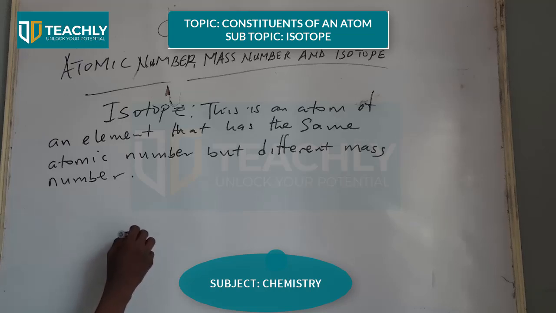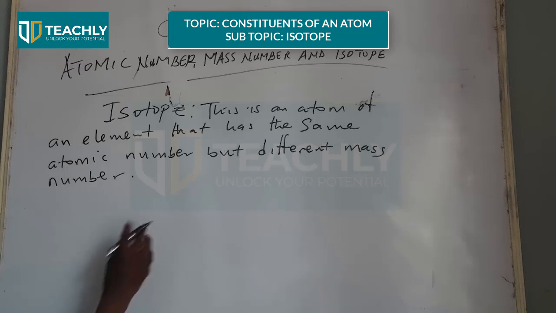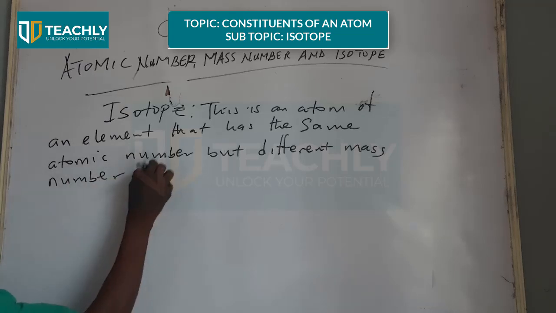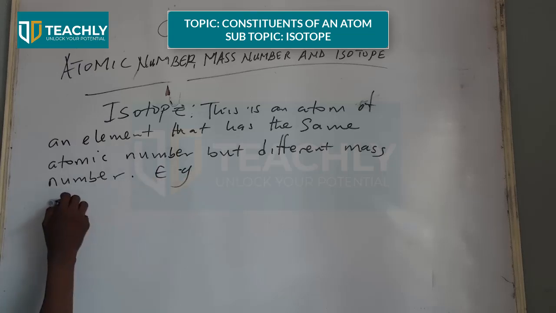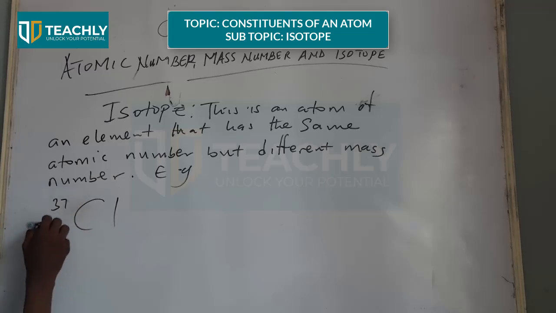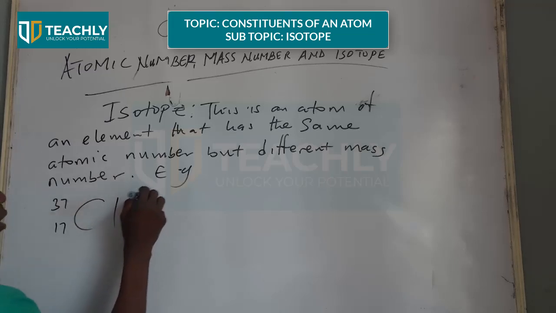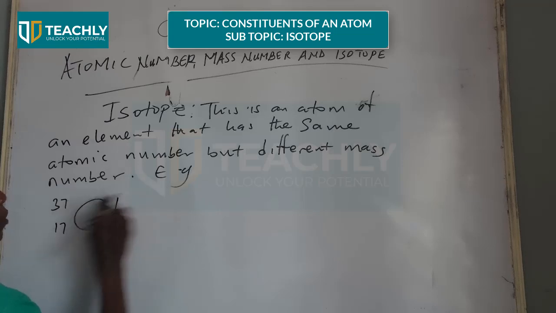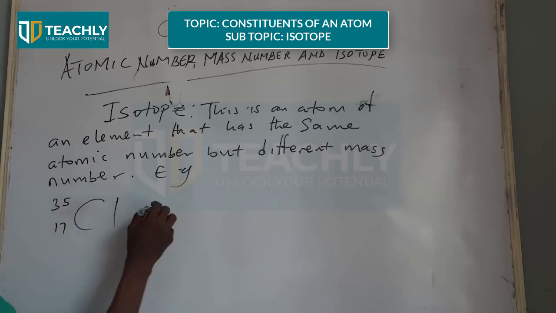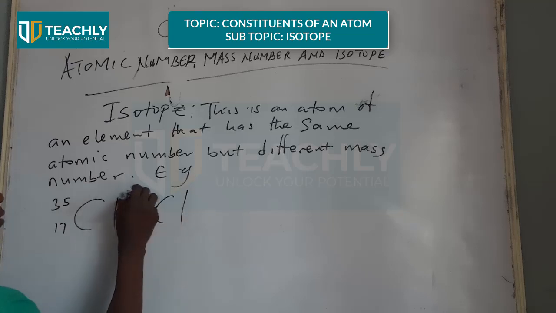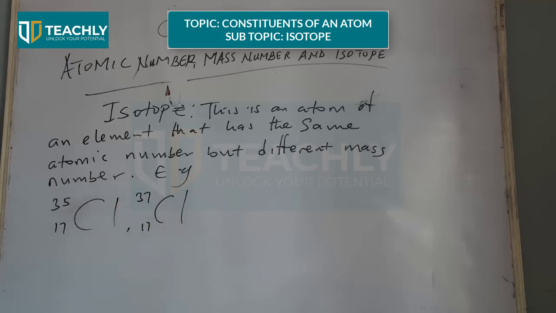So let's say you have chlorine, for example: chlorine 35, 17, then chlorine 37, 17. So chlorine exists in this form.